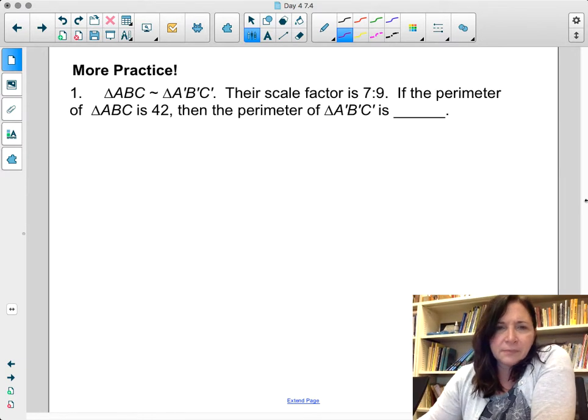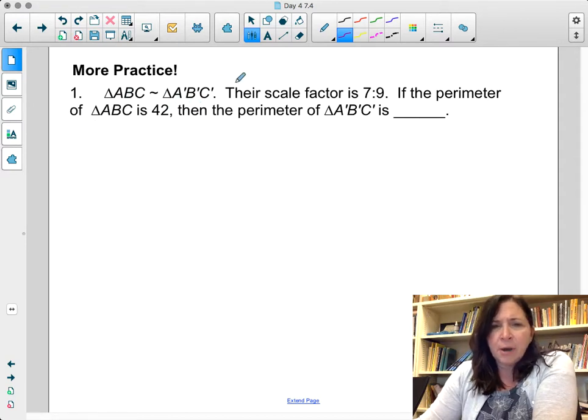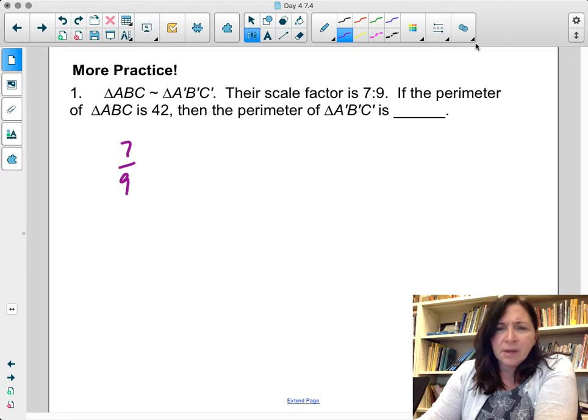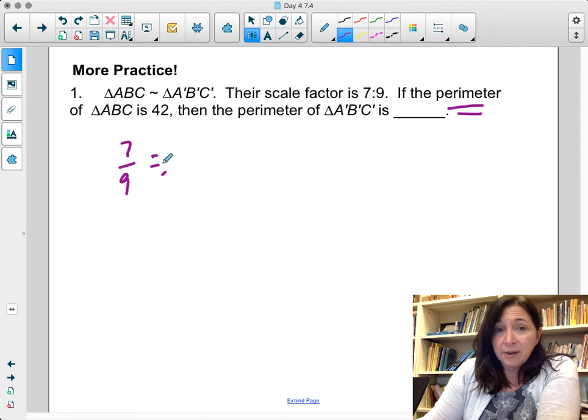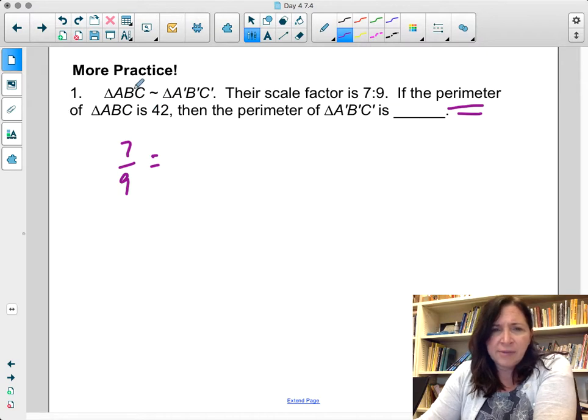Okay. All right, so we know that ABC is similar to A prime, B prime, C prime. So their scale factor is 7 to 9. Now, perimeters also have the same scale factor, by the way. And so therefore, if the perimeter of ABC, which is the first one, which is my 7, is 42, we're trying to find the perimeter of A prime, B prime, C prime.